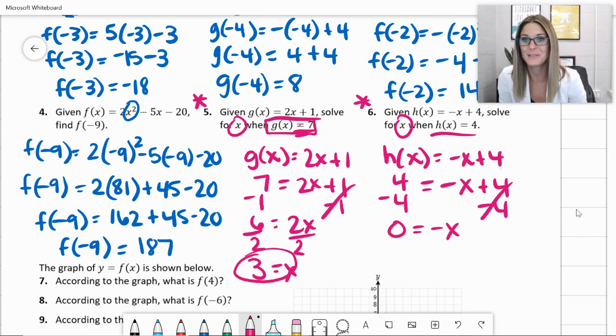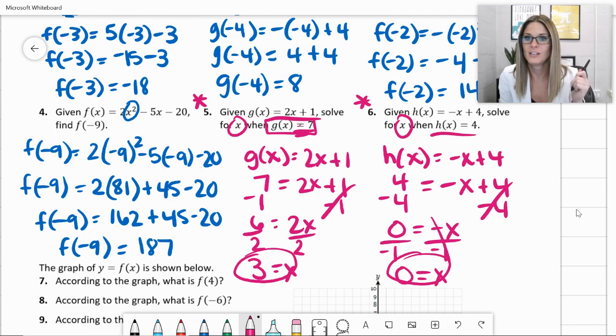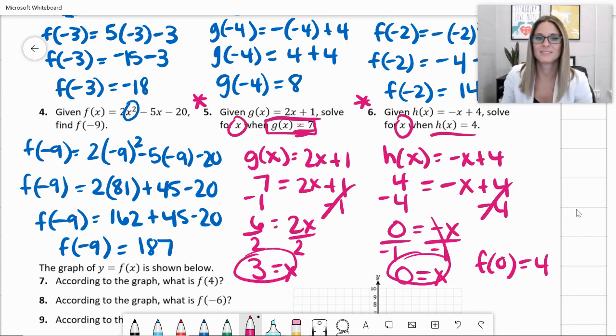It's weird, but it's okay. This is a negative 1 coefficient. Dividing both sides by negative 1 is still 0. X, when x is 0, h of x in this problem, number 6, equaled 4. Let me show it this way. F of 0, when I plug in 0, the function is equal to 4.